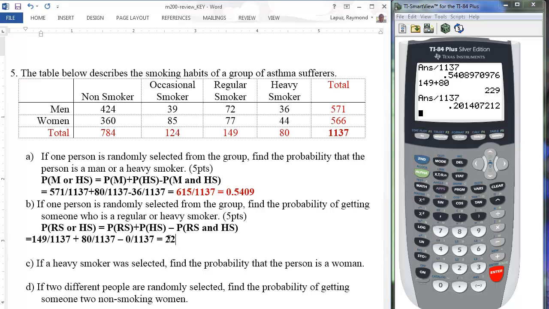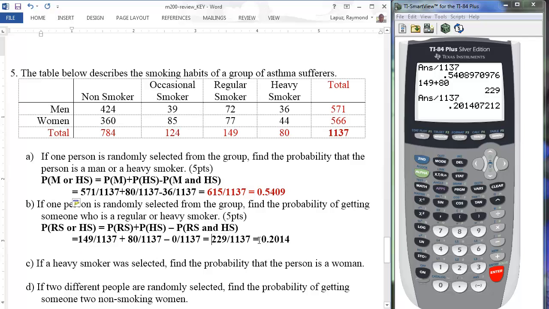So 229 divided by 1137 is about 20.14%, so 0.2014 would be your answer for this one. Alright, so that takes care of the second one.